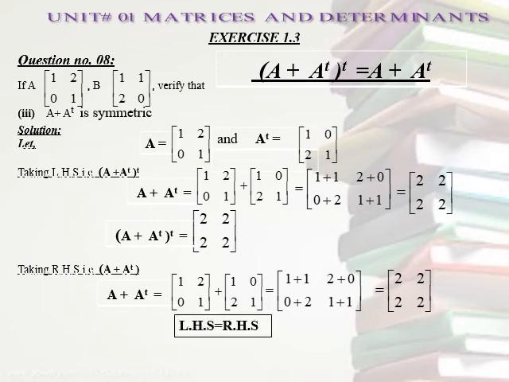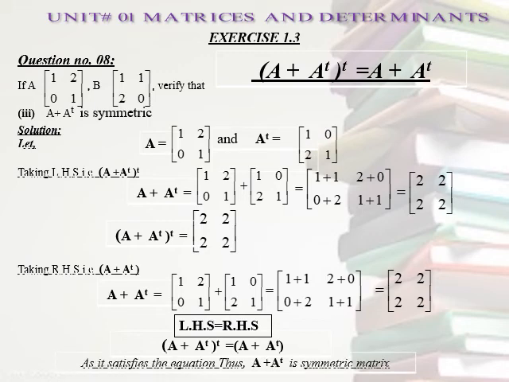You can see that the left hand side is equal to the right hand side, that is transpose of (A plus A transpose) is equal to A plus A transpose. As it satisfies the equation, thus A plus A transpose is a symmetric matrix.